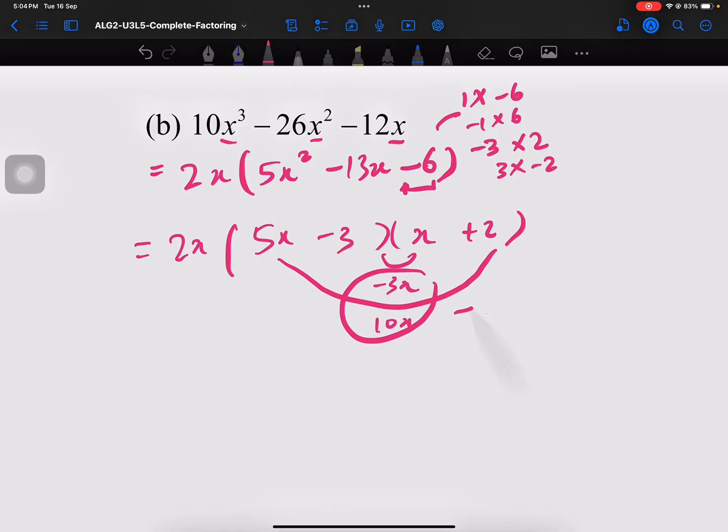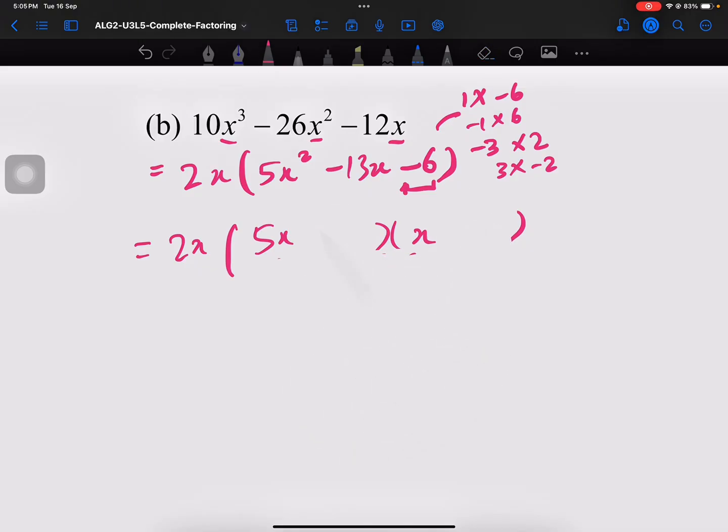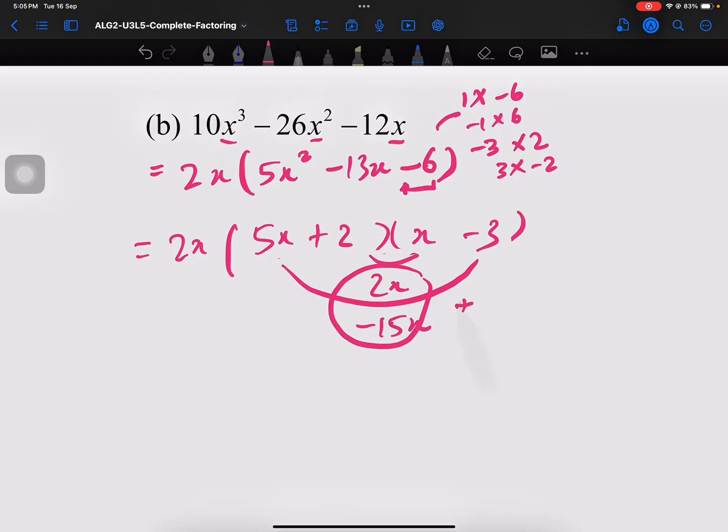When we add, it becomes 7x. No. We try to switch the sign. Plus 2, minus 3. So multiply 2x, multiply this, it becomes minus 15x. When we add, it becomes minus 13x. So this is our correct factor.